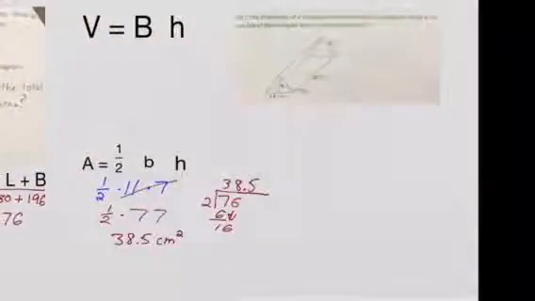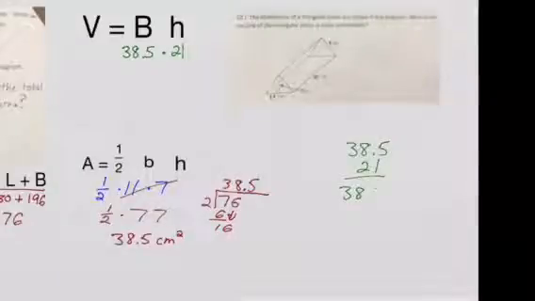So now let's go ahead and put that number up into the area of the base. So area of the base is 38.5. And we are going to times that by the height, which is 21. So 38.5 times 21 is 385. 10, carry the 1. 16 plus 1 is 17. 2 times 3 is 6, plus 1 is 7.